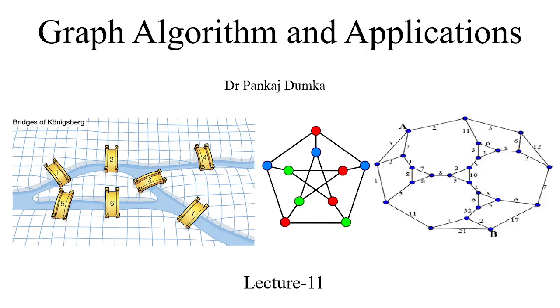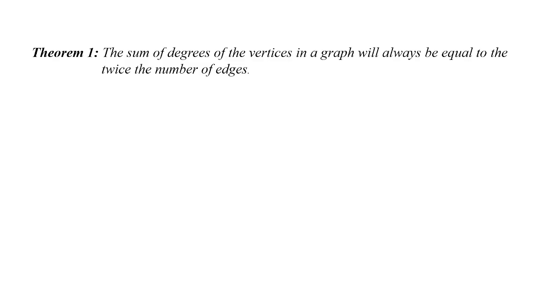Today we'll be learning how to prove the theorem which we understood in the last lecture, that is the handshaking theorem and its corollary. So let us start. The theorem we saw last day was that the sum of the degrees of vertices in any undirected graph will always be equal to twice the number of edges.